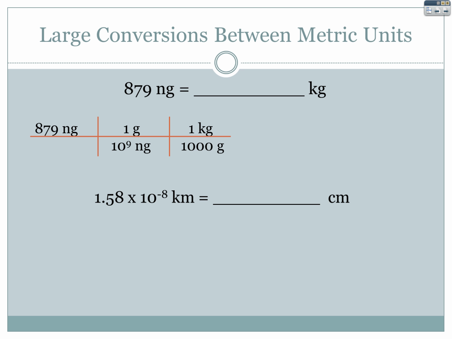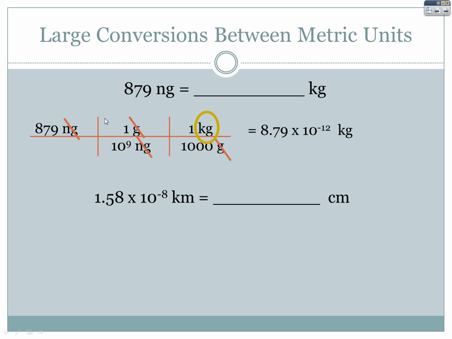So let's look at this. So I have 879 nanograms. I know that there are 10 to the 9 nanograms for every 1 gram and 1,000 grams for every 1 kilogram. So my nanograms canceled out, my grams canceled out, and I was left with kilograms. And so my answer, I just take everything on top divided by everything on bottom. So 879 divided by 10 to the 9 divided by 1,000.